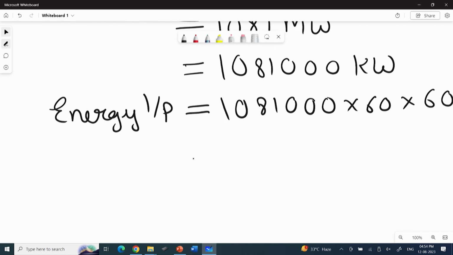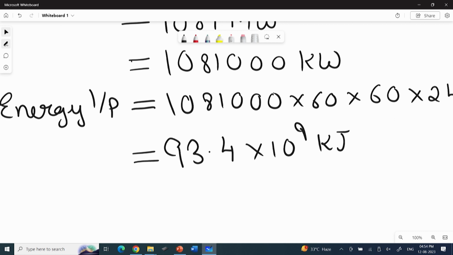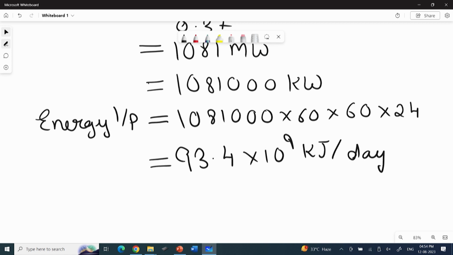When I multiply the four things, this would be the total energy, which is 93.4 into 10 to the power 9 kilojoules of energy needed per day, and this energy is basically coming from coal. So, this is the energy input that I will be looking for.